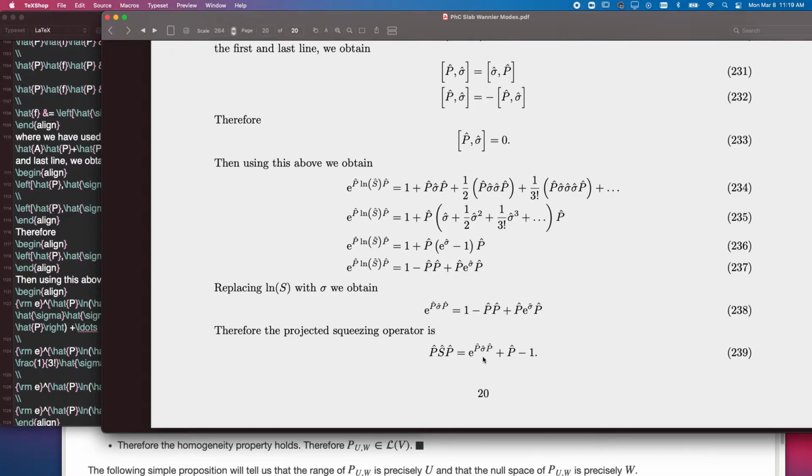How does this make sense? Let's say that sigma was equal to 0.